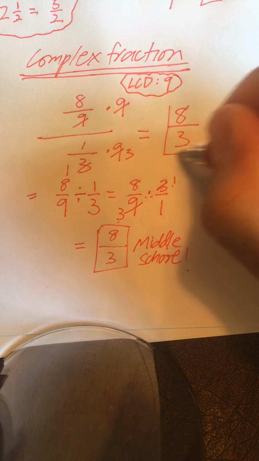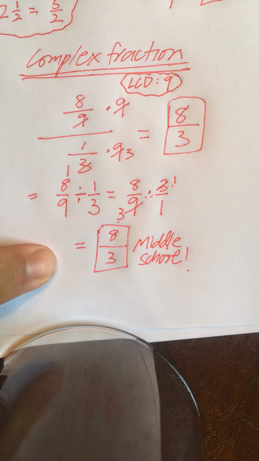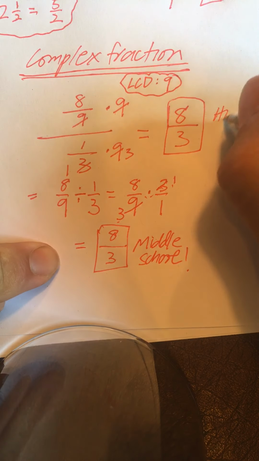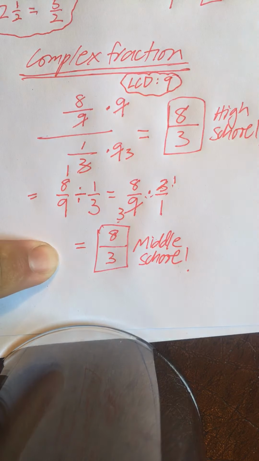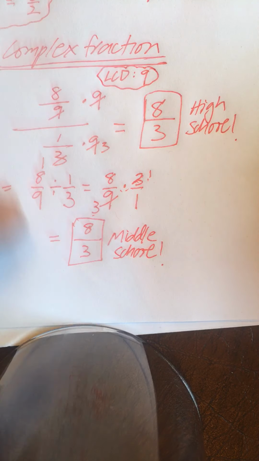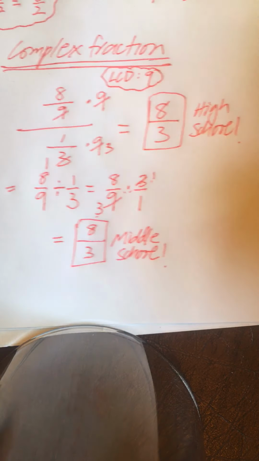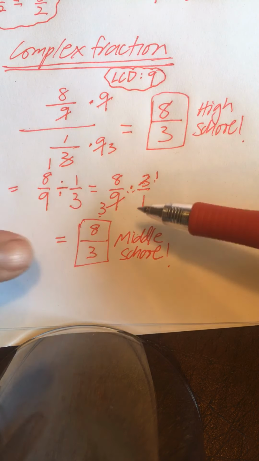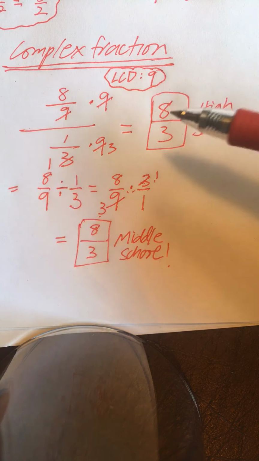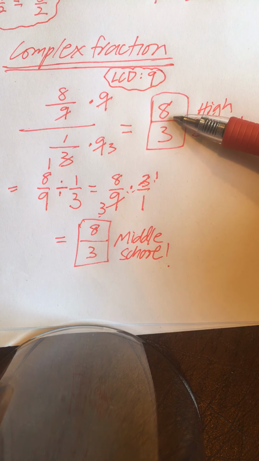So you can see we get the same result as down below, but this is a real efficient way of dealing with complex fractions. Sorry about that. Okay, a little bit more of an advanced method. This is effective, this will work, but this gets you to where you want to go a little bit quicker.